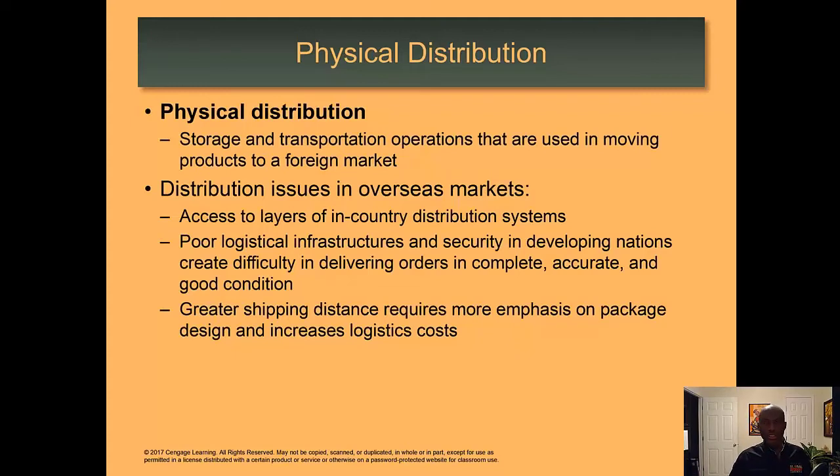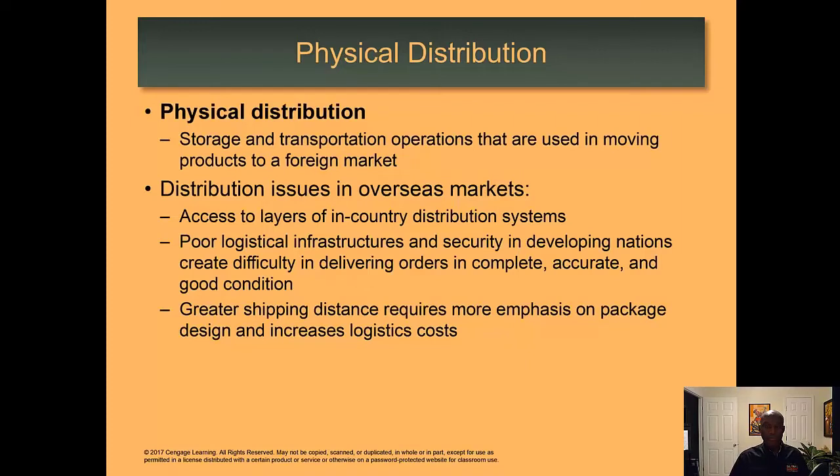So when you go to these countries, you have to look at that. You have to look at the distribution channels, the types of distribution channels. Is it going to be roadway? Is it going to be using alternative methods? Is it going to be kiosks in different locations? Is it going to be a storefront?